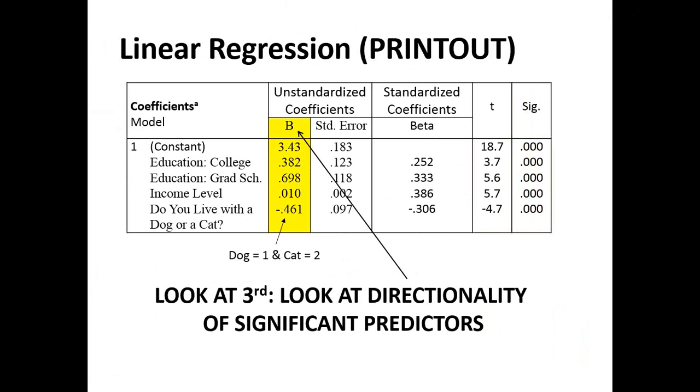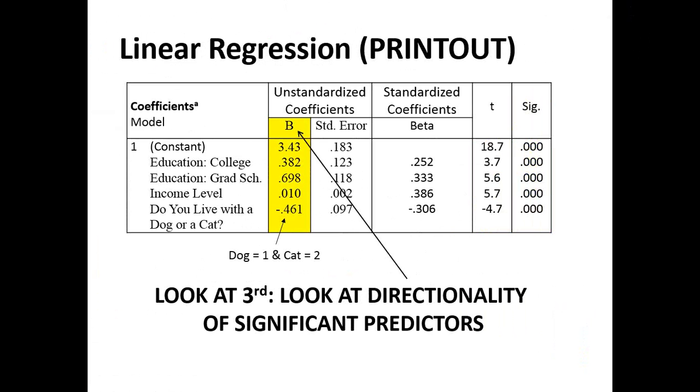So essentially, for the directionality, the unstandardized beta, which is highlighted here, as well as the standardized beta coefficient, if there's a minus in front of the coefficient, we know it's a negative relationship. If there's no minus, we know it's a positive relationship, right? So for example, college education, there's no minus, so it's a positive relationship. So positive meaning more.